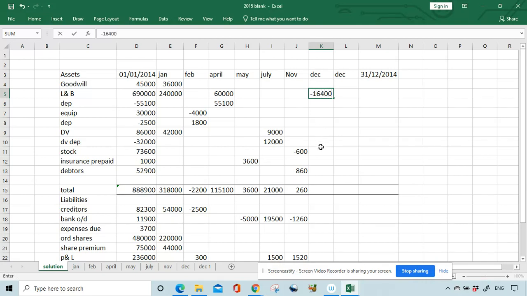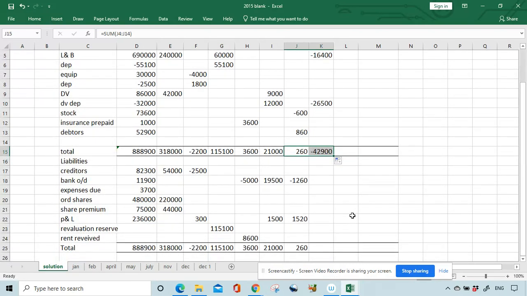None for equipment, there's no mention. Delivery vans, minus 26,500. Gives us minus 42,900. And that goes into our profit and loss as minus 42,900 because depreciation is an expense.